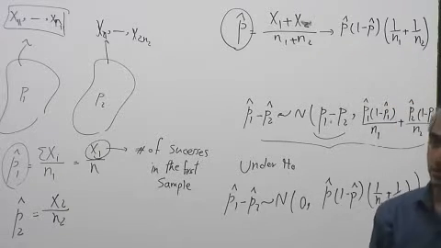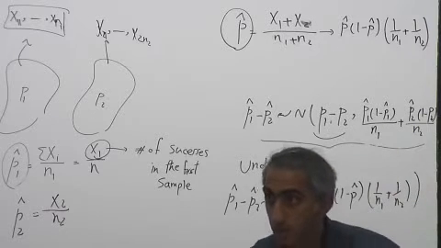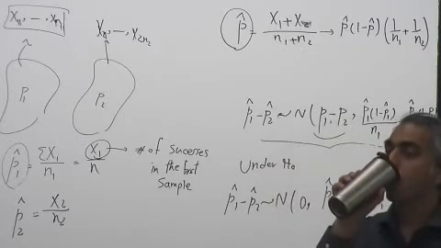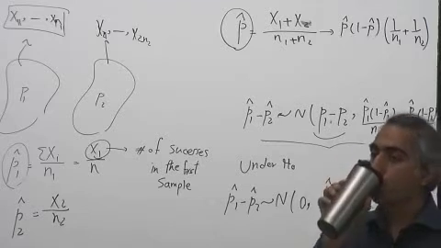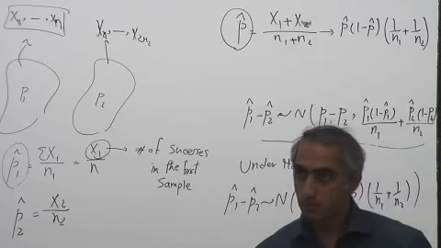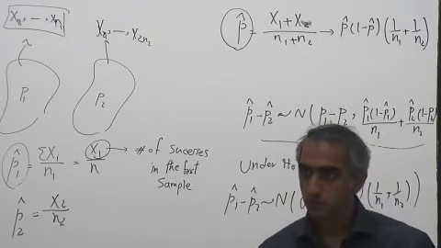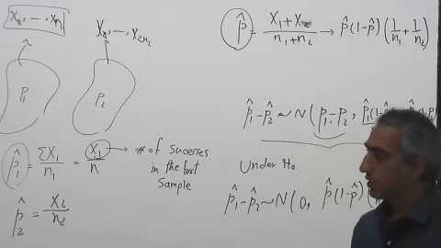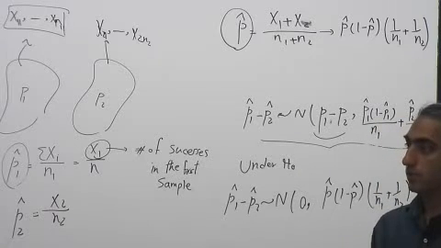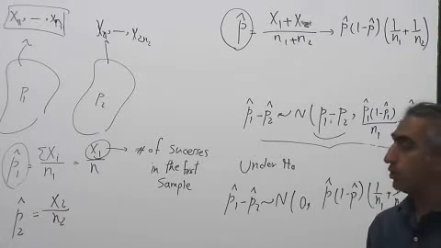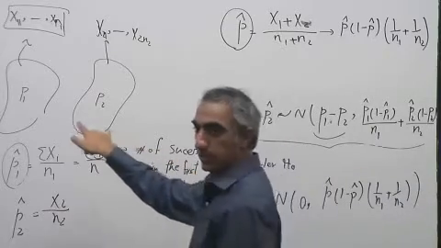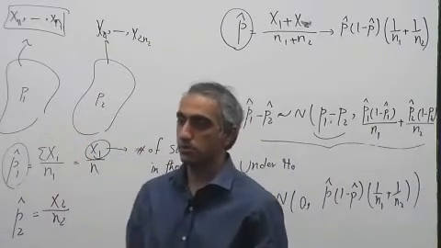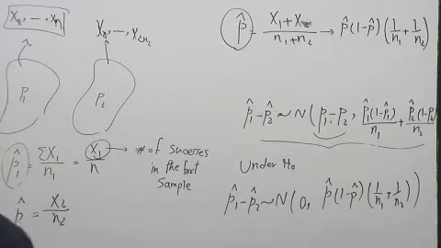Yes? If you have two populations that are identical, how is it two populations and not just one population? Oh, you mean like P1 and P2 are equal, for example? Yeah. Okay. Yeah, so you can say these two populations are exactly the same, so you can combine them.